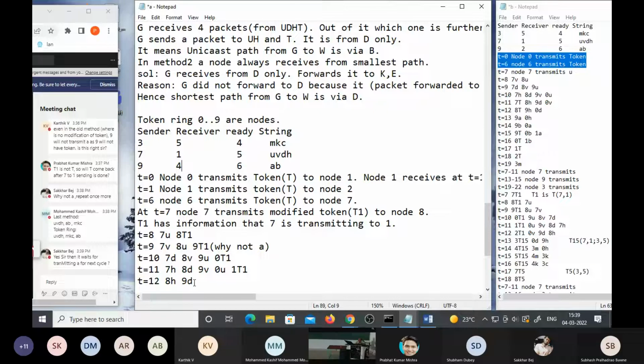Now, 9 will transmit D, 0 will transmit V, and 1 will not transmit anything. 2 will transmit token P1.